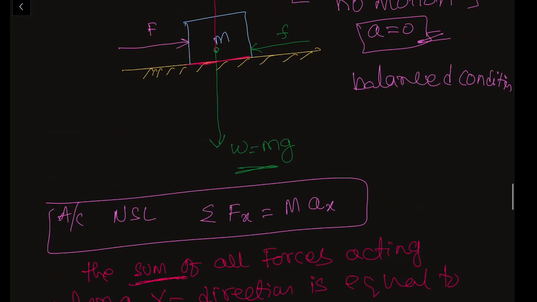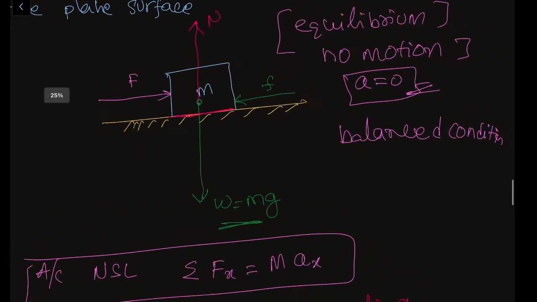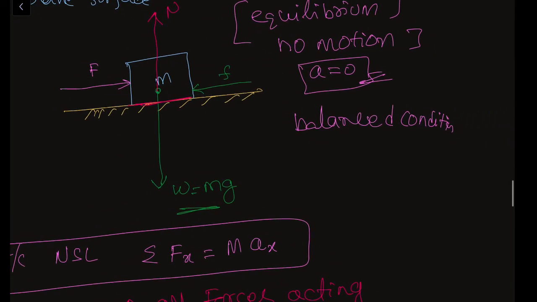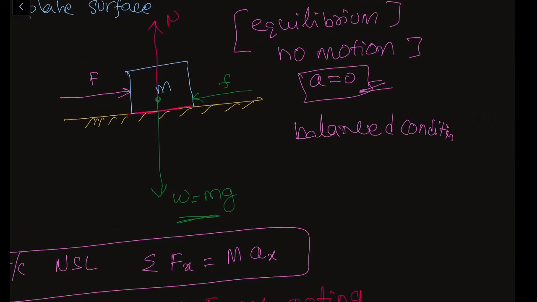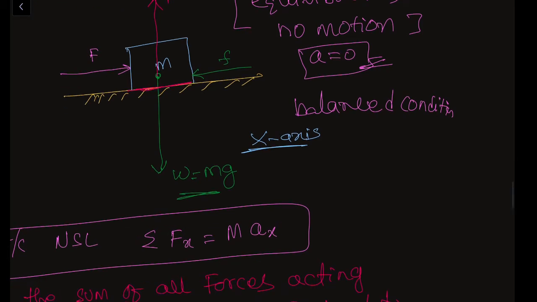Now, according to this, we have to write this equation. See here. We have to take one equation, x-axis. In the x-axis, according to right and left, if force is acting rightward, that is positive.